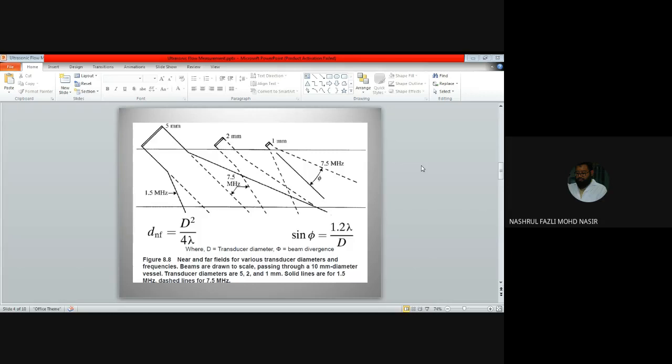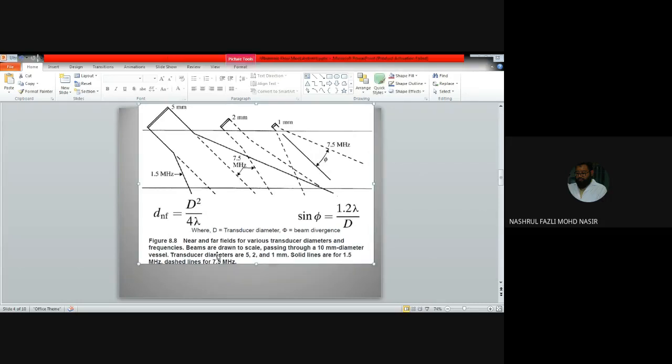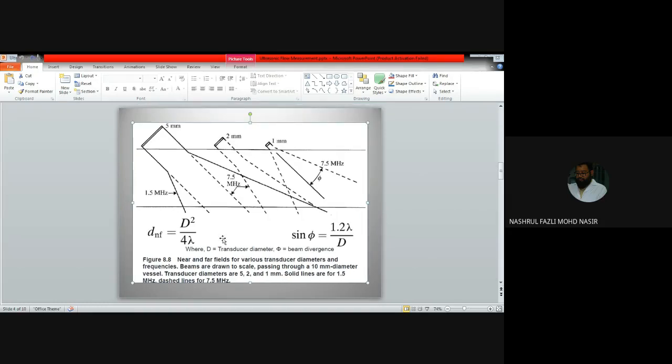There are a few equations that are responsible here. The near field distance equals d squared, where d is the transducer diameter, divided by 4 lambda, which is the wavelength.